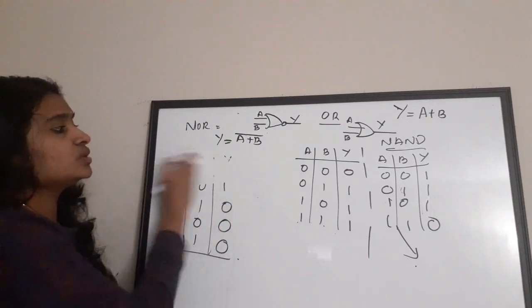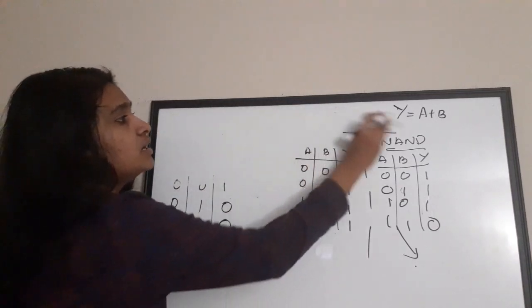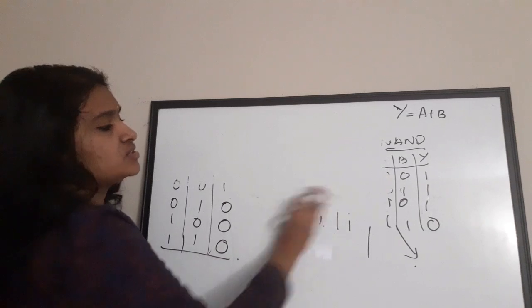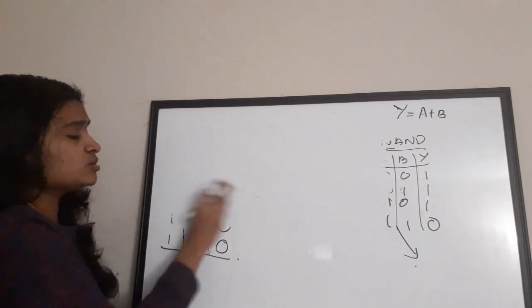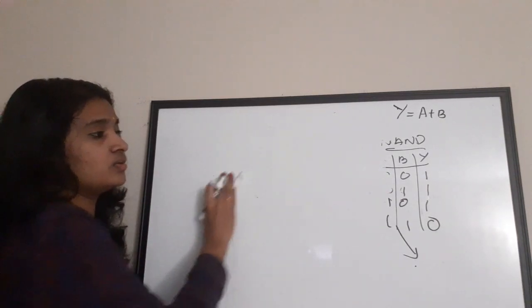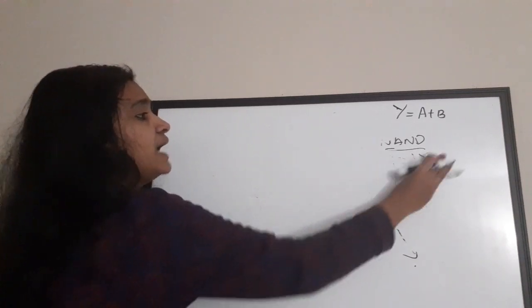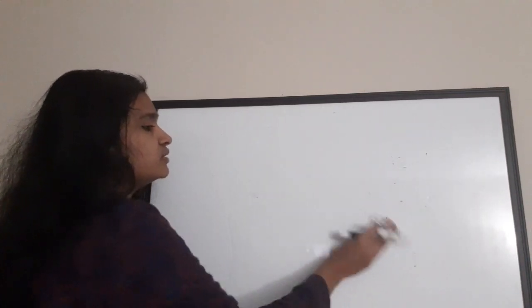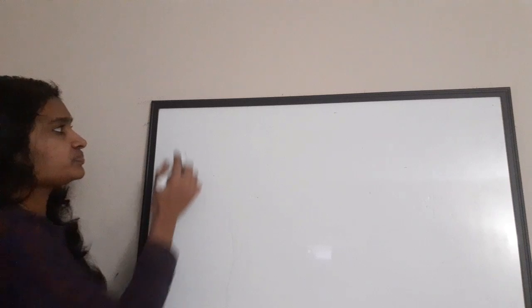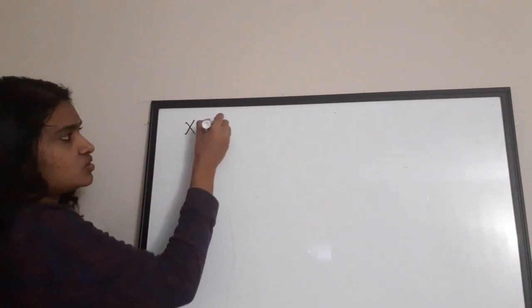Next, the two other famous gates are XOR gate and XNOR gate. If you see, maximum questions will be from NAND gate, NOR gate, XOR gate and XNOR gate. So we are going to see the XOR and XNOR. First, let us see the XOR gate.